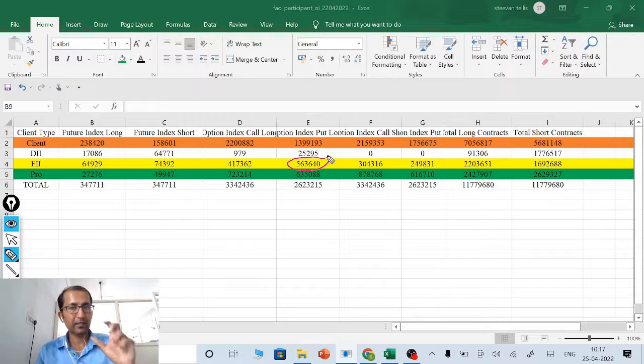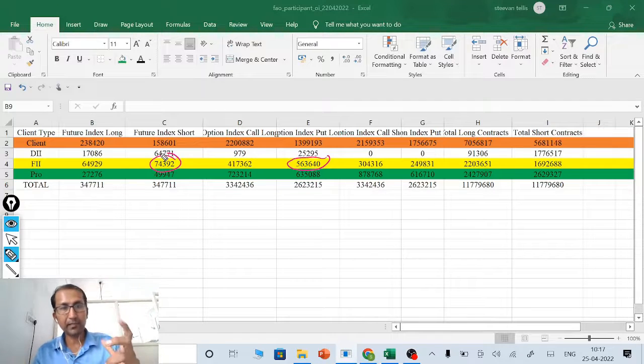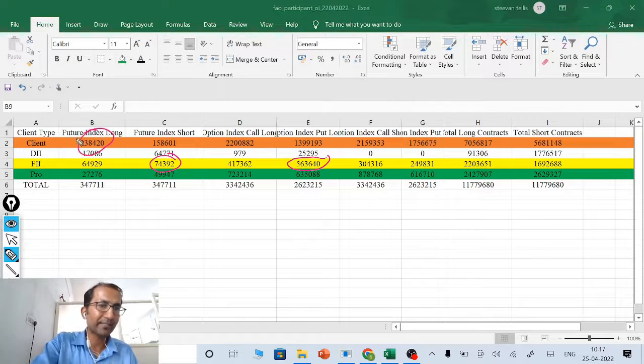FIIs are having more puts, and even on the index short, they are having more shorts than the long. It's an indication that the market may trend downwards.